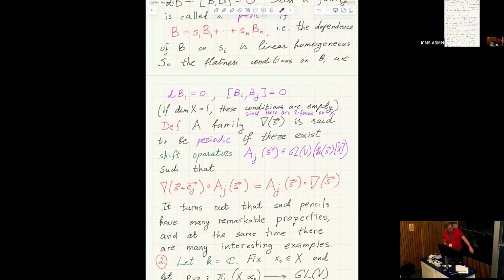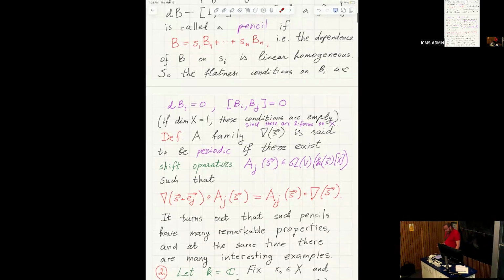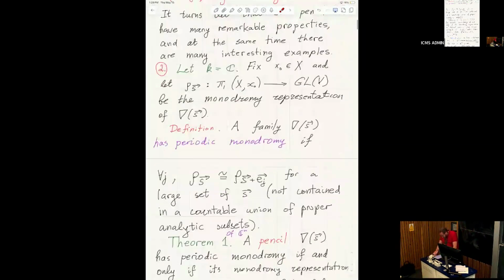So in this example, you can write it as a pencil, and it has these Gauss relations, which allow you to connect the equation for this function and the equation for this function. It turns out that these pencils, on one hand, have many remarkable properties, and on the other hand, there are many interesting examples. So let me start with an example, actually, which is a little bit lower.